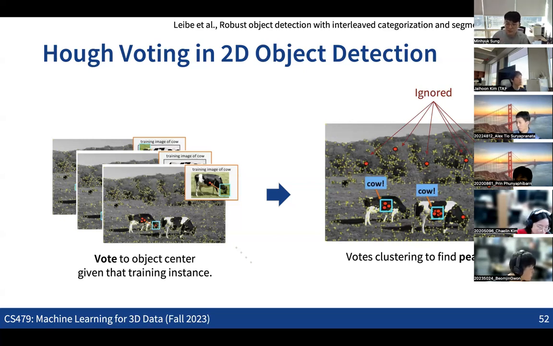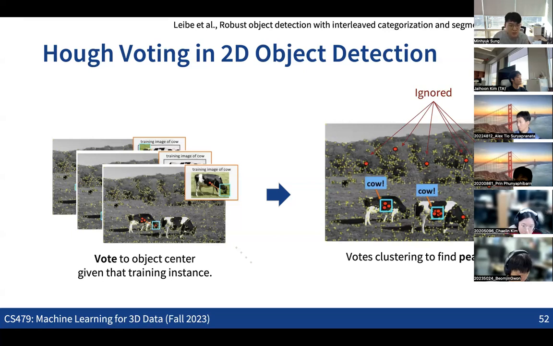Actually, the idea is simple. Once we get the center of the objects, we have the information about which patches contributed to make the peaks, right? All the peaks are found by running some kind of clustering, which means that we know which patches are associated with the votes included in the peak cluster.